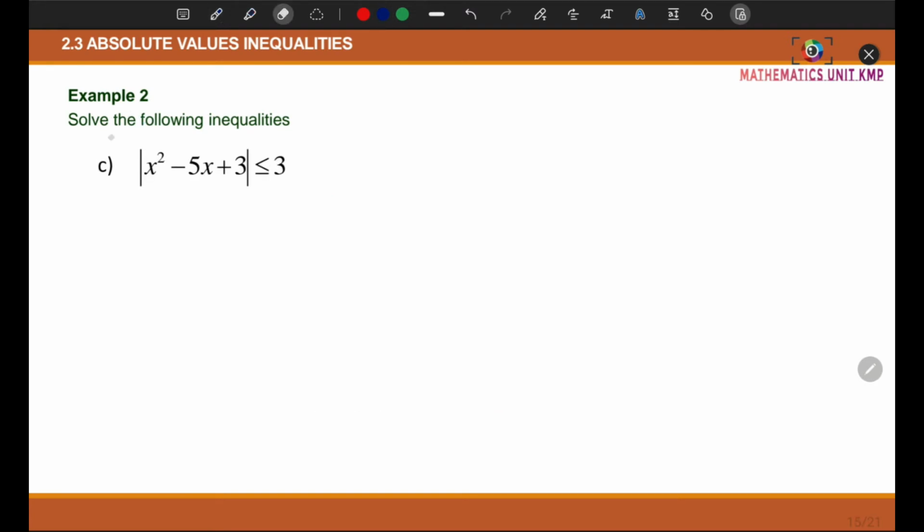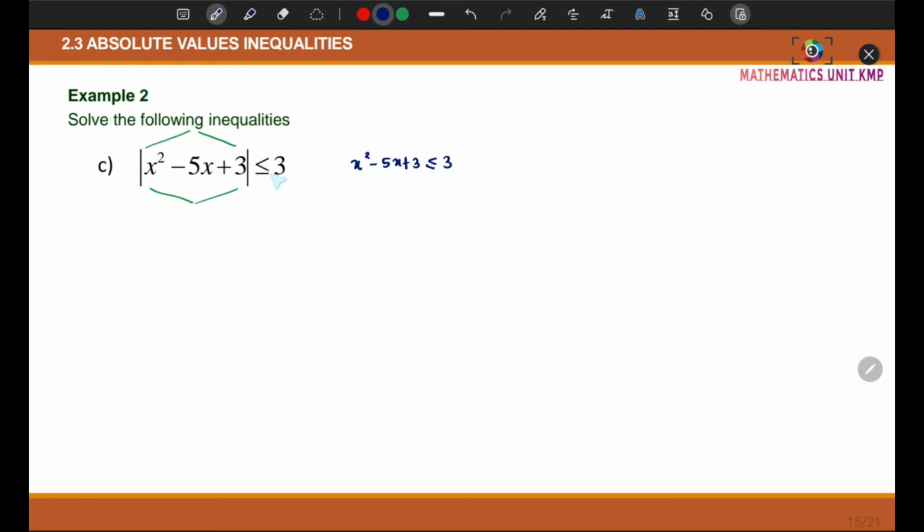Example 2, solve the following inequalities. So we have quadratic inequalities, absolute value less than or equal to 3. So still the same method, diamond method. So first we will separate. So x squared minus 5x plus 3 less than or equal to 3.